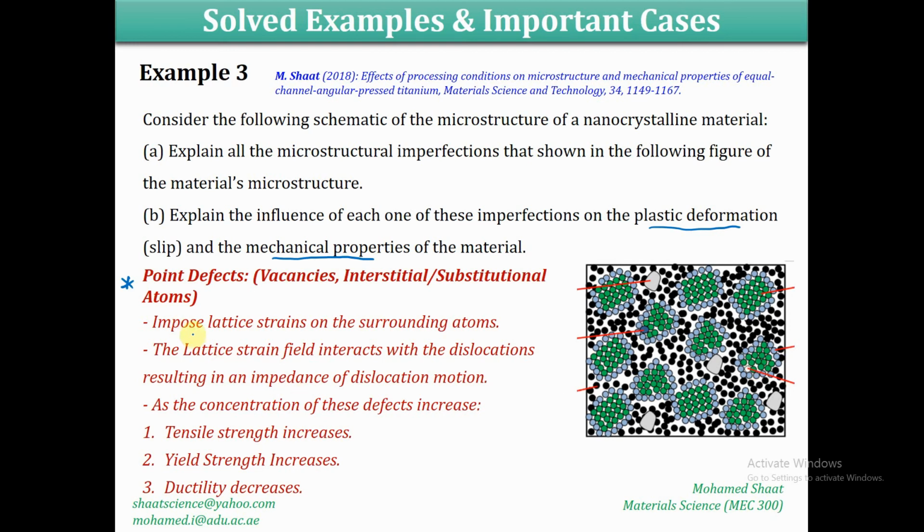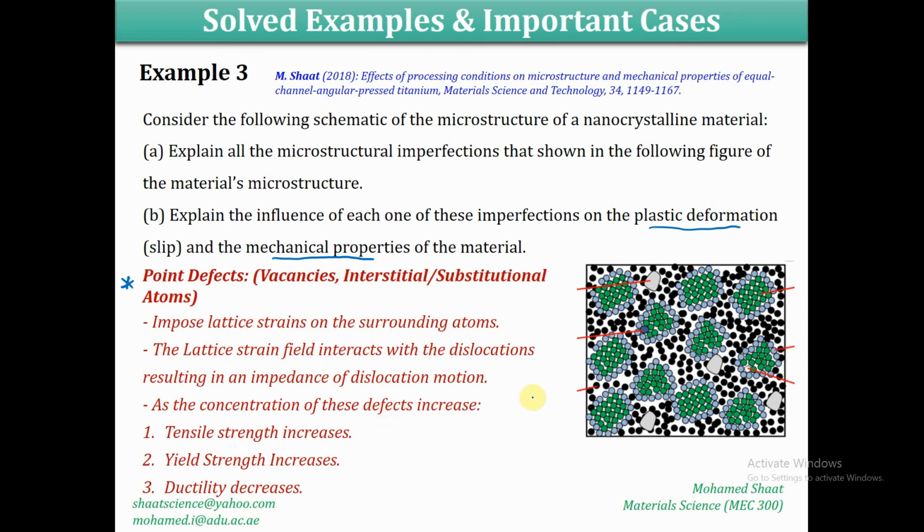So these point defects will impose lattice strains on the surrounding atoms within this specific grain. The lattice strain field will interact with the dislocations, resulting in an impedance of the dislocation motion. As we explained in chapter 7, this will affect the mechanical properties of the material.